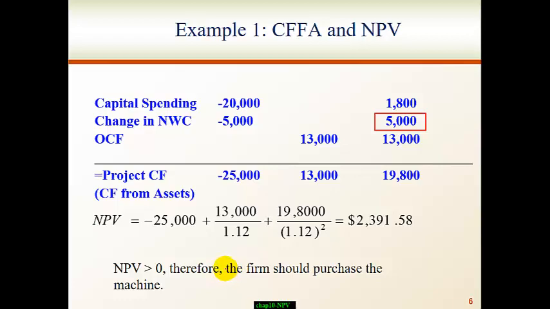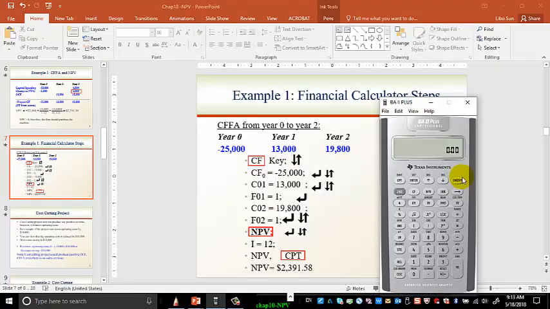It's a good project. Now, let me show you how to find out net present value using financial calculator. The one I'm using is BA2+. To find out net present value, basically, we use the second row of keys in this calculator. Turn on your calculator, we press cash flow keys.